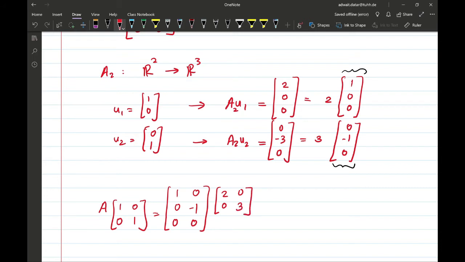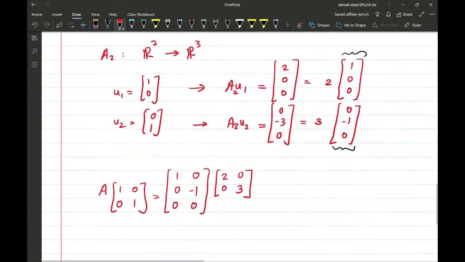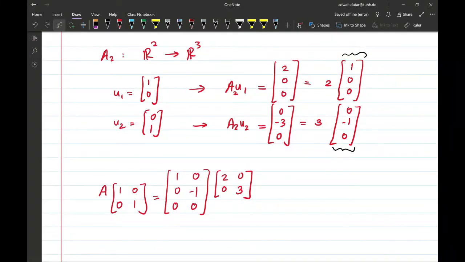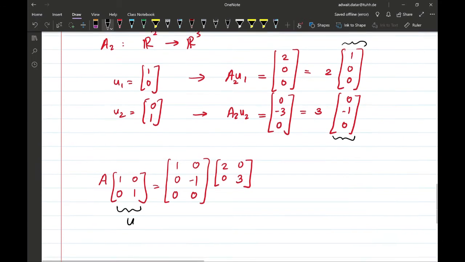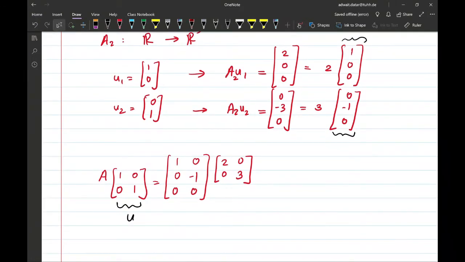So if you notice, this is not quite the singular value decomposition because this can pass as a U because this is orthogonal, but we need to do some work on the right hand side. Now because we need a V which is orthogonal, we can observe that the right hand side can be written as 0 0 0 minus 1 0.